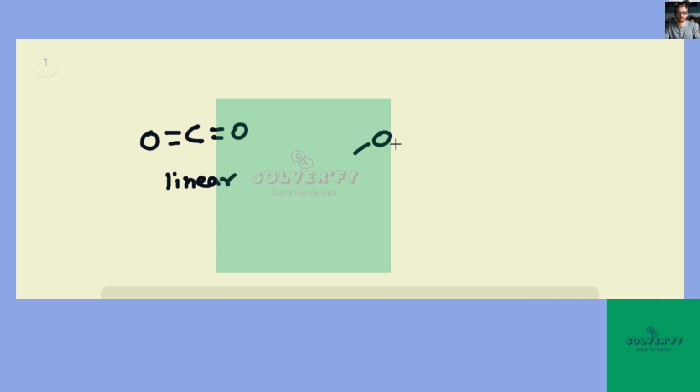And this is a bent diagram because we have two lone pairs on the oxygen, and these lone pairs make a repulsion with these hydrogens, and this hydrogen gets a little bit bent instead of a linear structure.